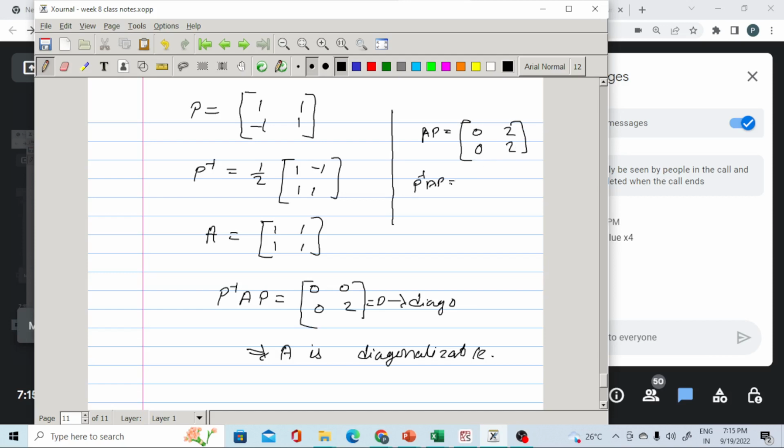And P inverse AP is half into that. Okay, ma'am, maybe you are correct. Oh, yeah, this is correct. You can just check the calculation again. This is 0, 0, 0, 2. Is this calculation okay? Yes, ma'am, correct, ma'am.